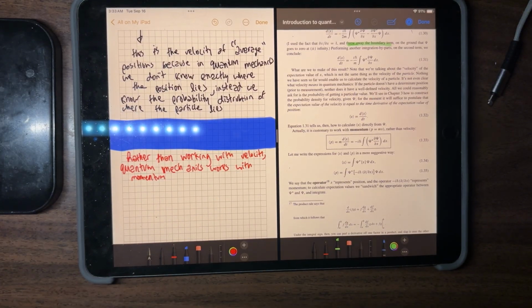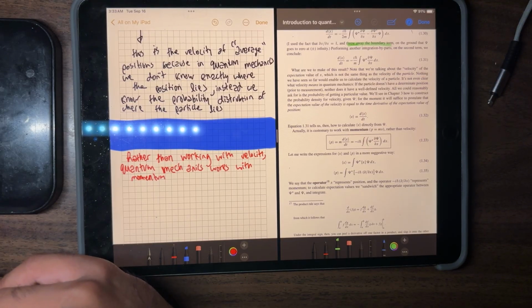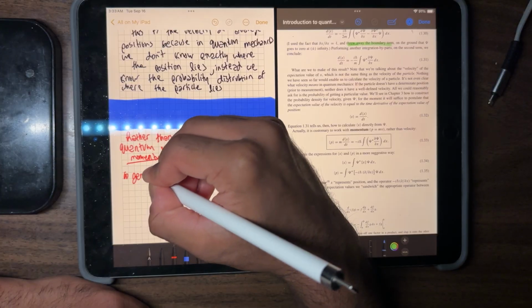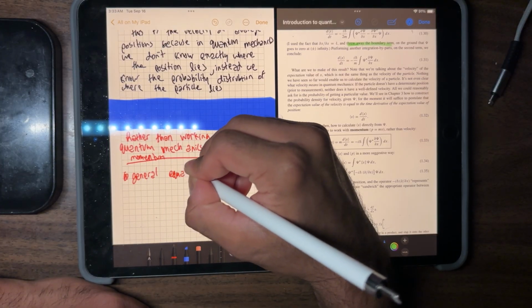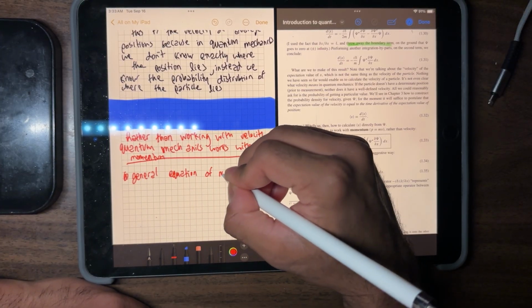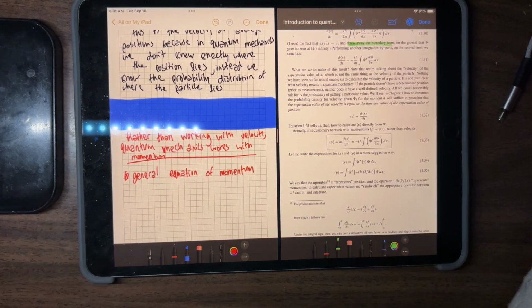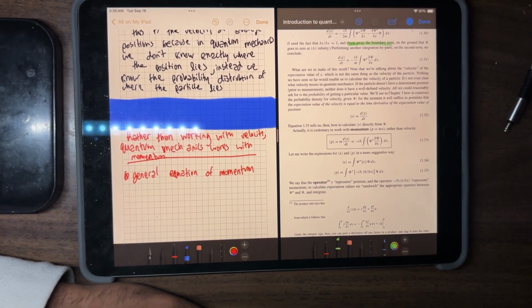And what do we know about the general equation of momentum? So we know the general equation of momentum.